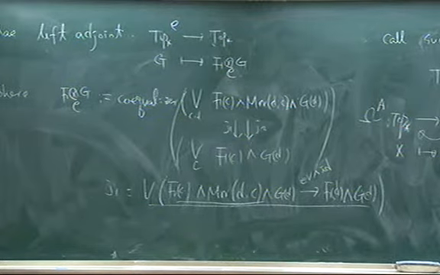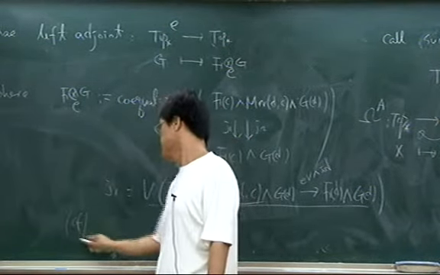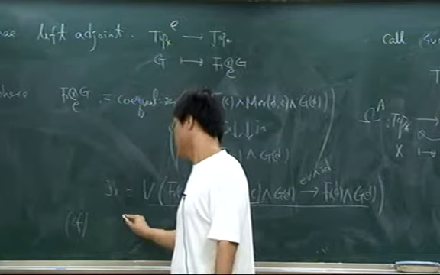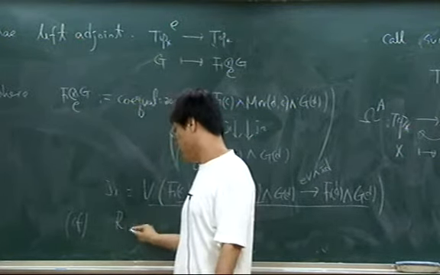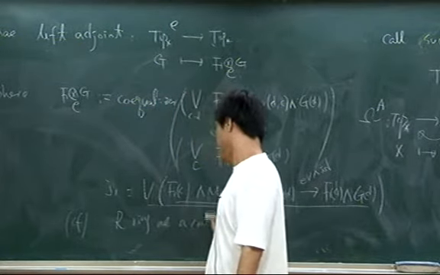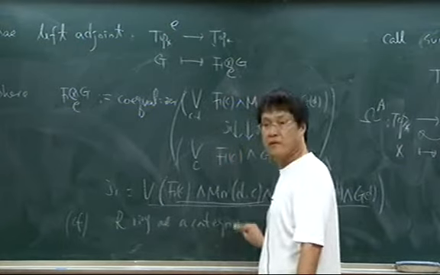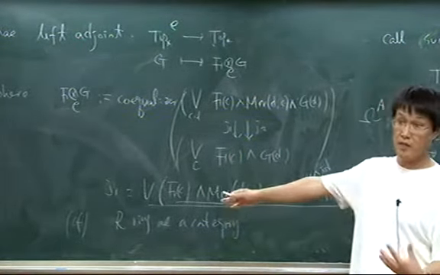This is nothing new actually. R is the category, a ring as a category, with just one object and morphisms being itself.